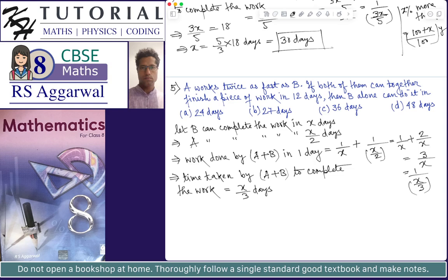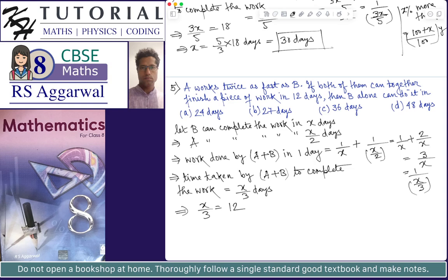Now it is given that both of them can together finish a piece of work in 12 days, so we can say that X by 3 is equal to 12, because based on the assumption that B can complete the work in X days, we have found that the time taken by A plus B to complete the work is X by 3 days.